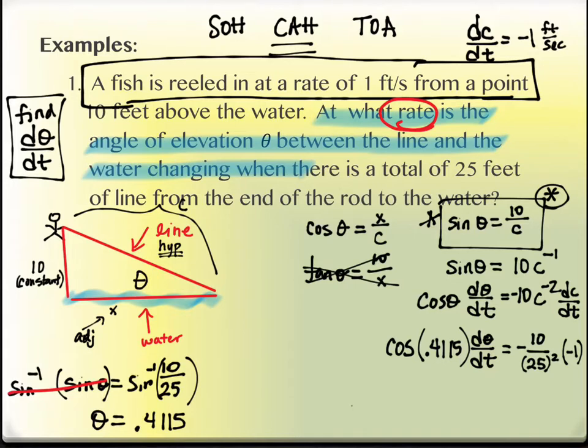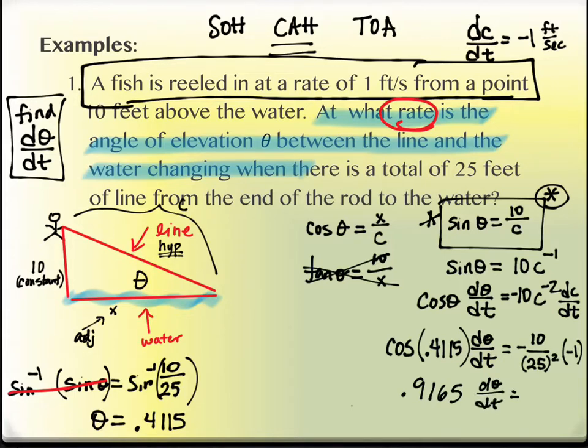And at this point, everything has a numerical value except for the d theta dt, which is exactly what I was supposed to be finding. So I can find the cosine of 0.4115. That's 0.9165. I still have my d theta dt.